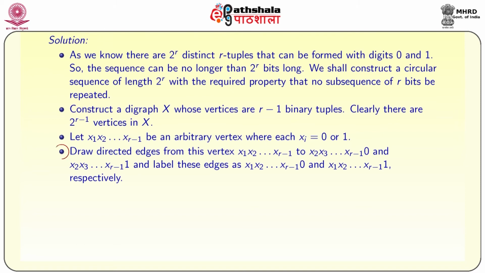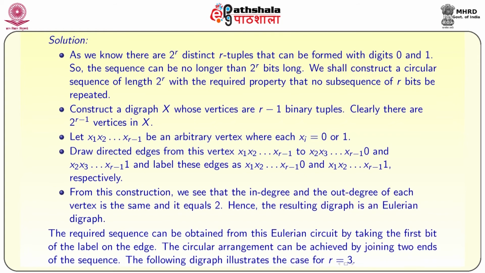Draw directed edges from this vertex x1, x2, ..., x(r-1) to x2, x3, ..., x(r-1) 0 and x2, x3, ..., x(r-1) 1, and label these edges x1, x2, ..., x(r-1) 0 and x1, x2, ..., x(r-1) 1 respectively. So, for each vertex we draw 2 edges and we label them also.